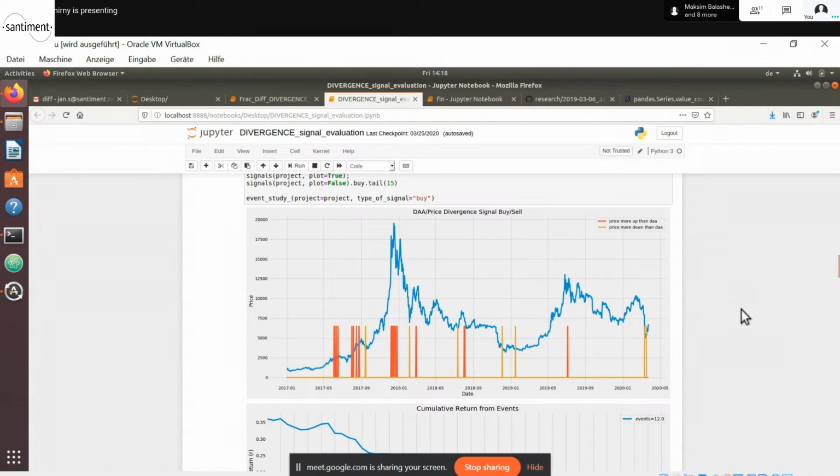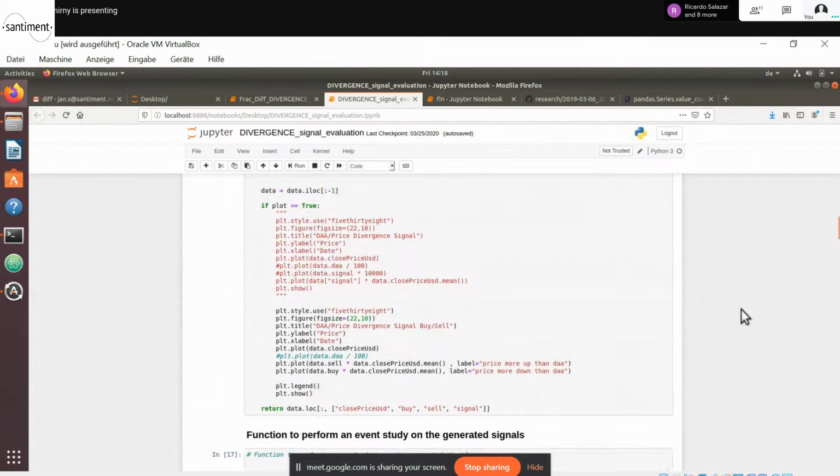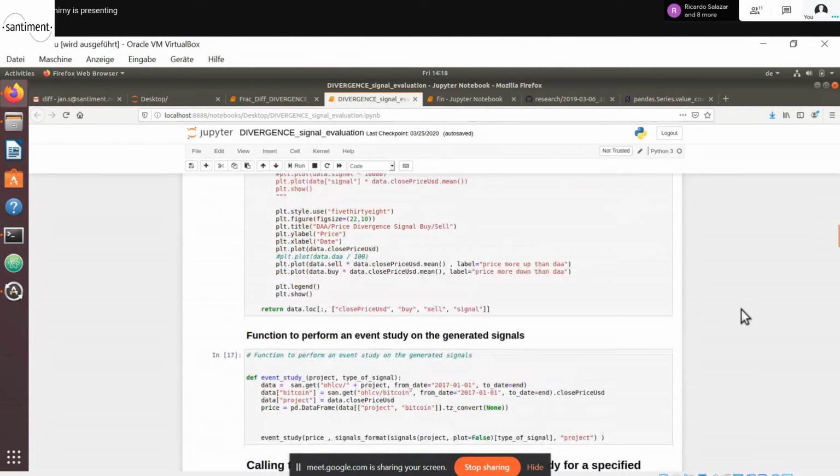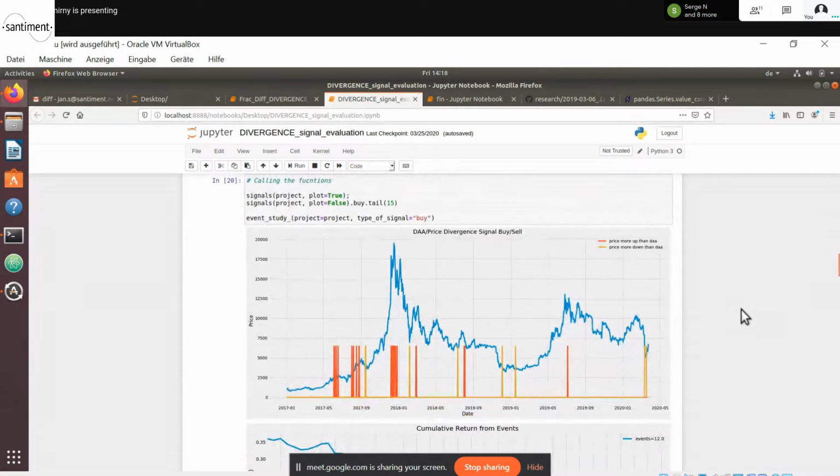And what I was trying out was to do this with the fractional differencing, actually, because what I thought was a cool idea is that this fractional differencing has memory.